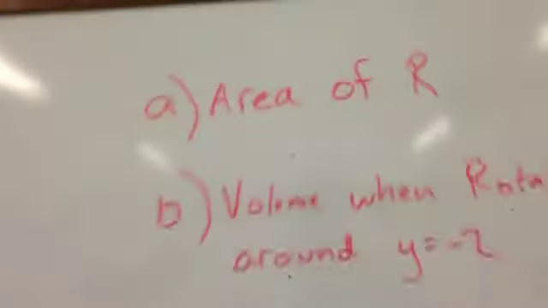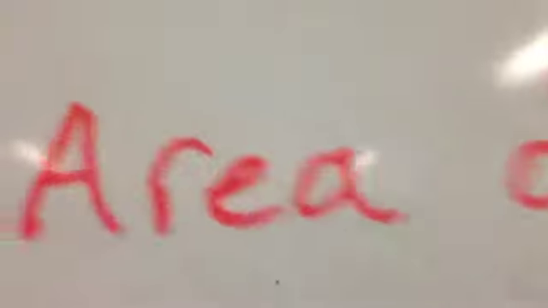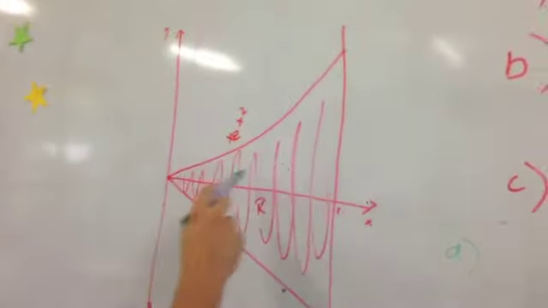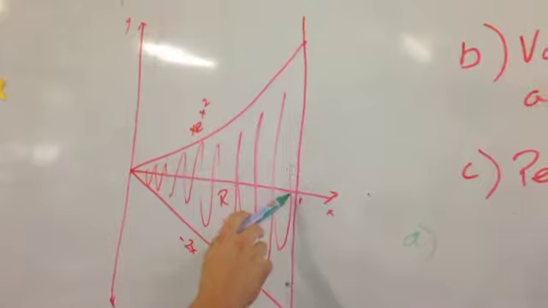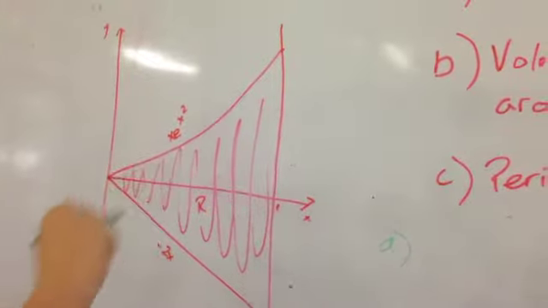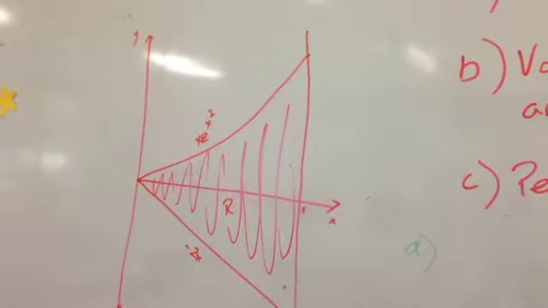First, we're going to do letter A. To find the area of R, we decided to first find the area of the region bordered by the line y equals 0, x equals 1, and x e to the power of x squared.